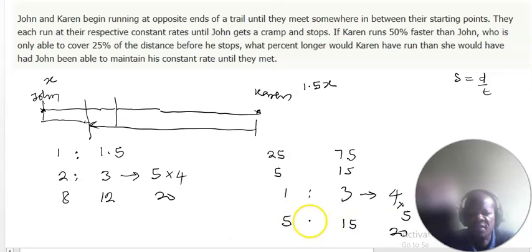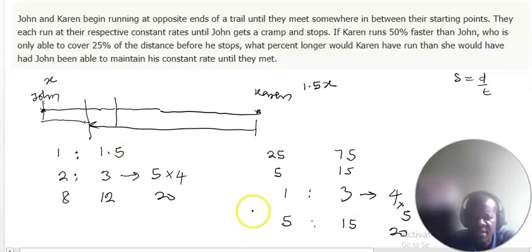So the new ratio, when John did not have a cramp and was able to complete the journey until he meets with Karen, will be 8:12. Now when he had a cramp, he was unable to attain that distance, it will be 5:15.